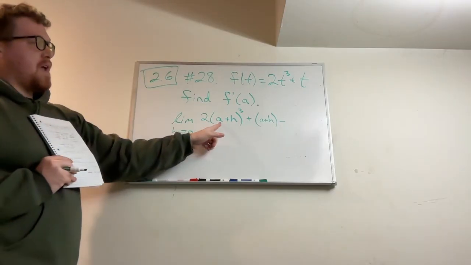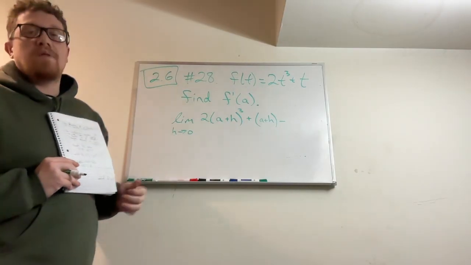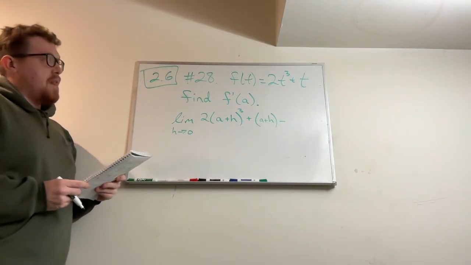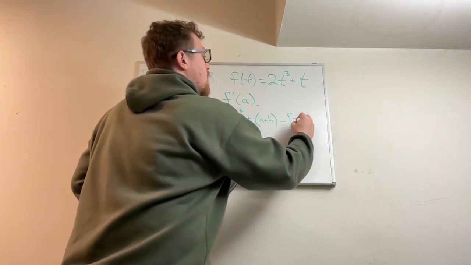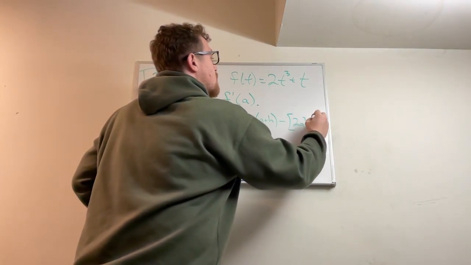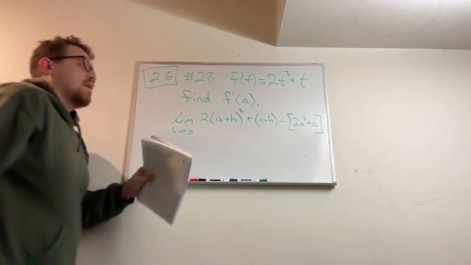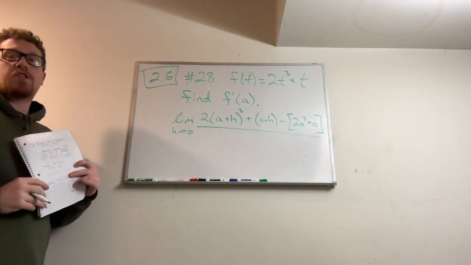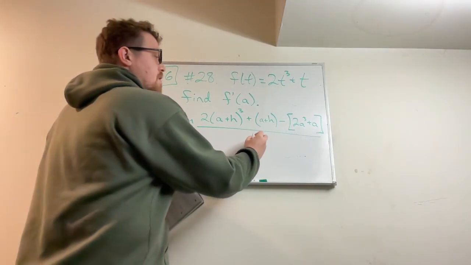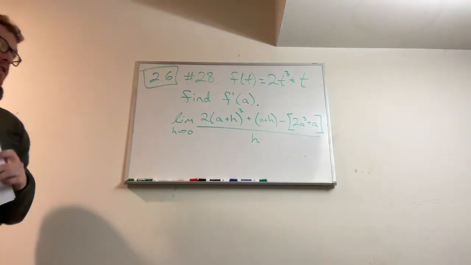I just plugged in a plus h into the function, so just replace t with that. And then we do the same thing, but just replace it with a. So now it'll just be 2a cubed plus a. And we're going to take this difference and divide it by h, which is the amount of time that it took.